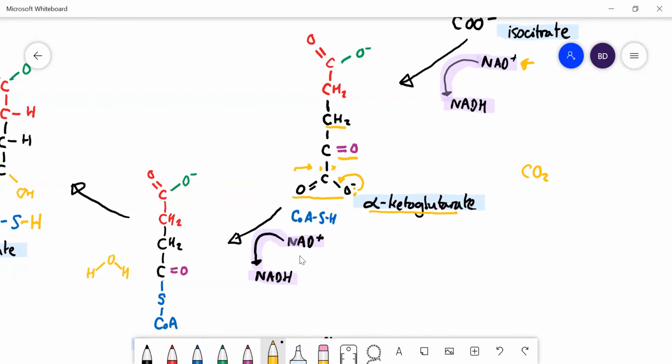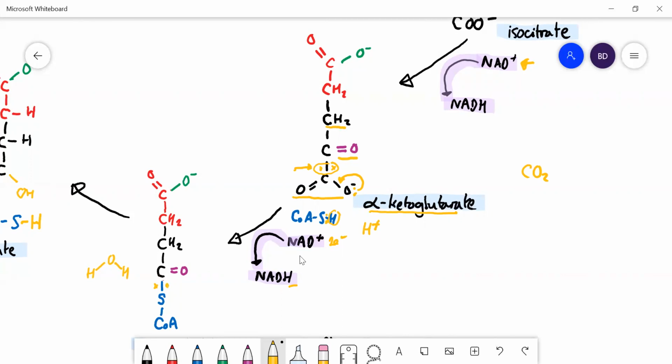Those two electrons are passed on to the NAD here, and it will reduce the NAD to NADH. If we look at the coenzyme A, you can think of that as coming off as an H+, and the two electrons which are in the SH bond are the ones which are used to form this bond to the carbon there.